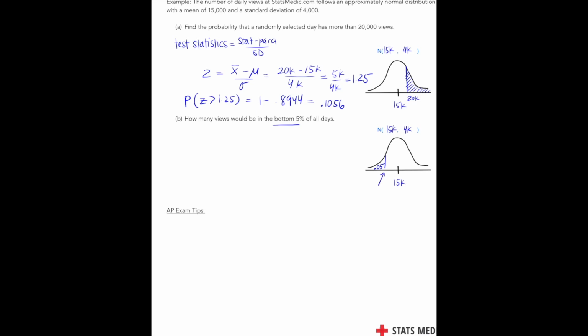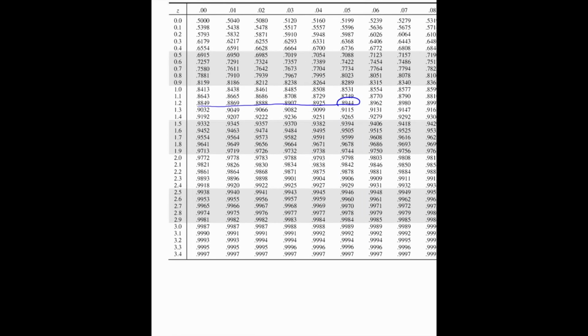So we're looking at it in terms of days at the moment. So what we're going to do is kind of go a little bit backwards to figure out our answer here. What you want to do is find the z-score first that associates with this problem.